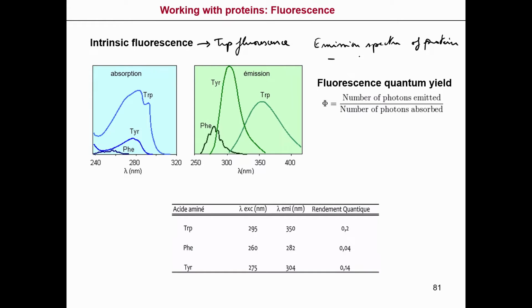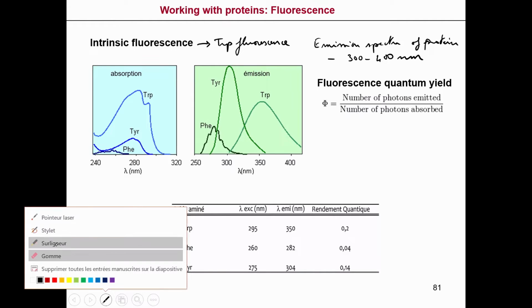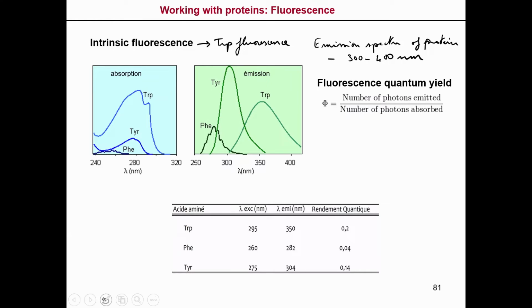It will usually be between 300 to 500 nanometer. Okay, so this is this part of the spectrum.